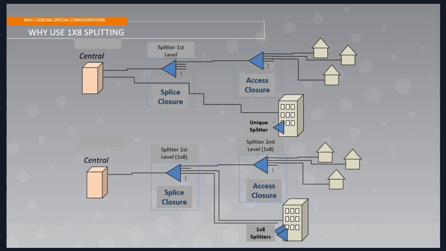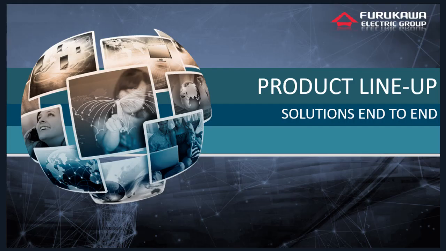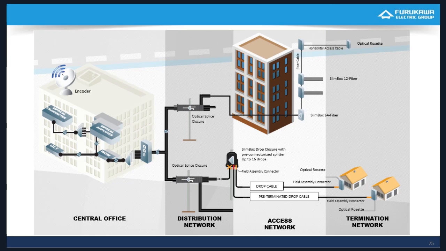Well, now we are going to jump into the product line. Since we talked about fiber, and a little bit about the design and the topology of an FTTH network, and I introduced you to this splitter equipment, let's talk about the connectivity products that wrap up the solution. So Furukawa today has an end-to-end solution.